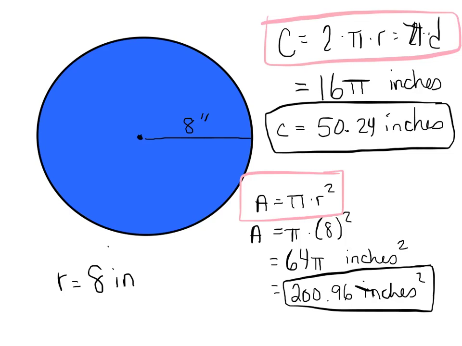Let's do one more example, where instead of being given the radius, let's say I know that the diameter equals 8 inches. Then I need to realize that my radius is really going to be 4 inches.